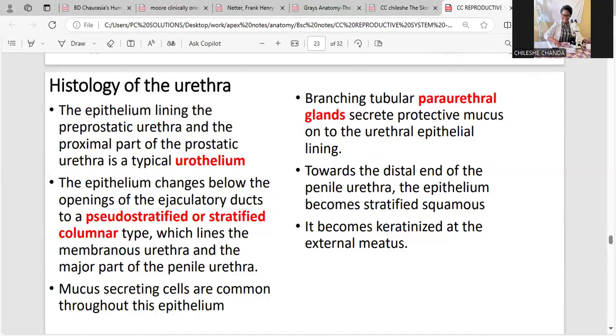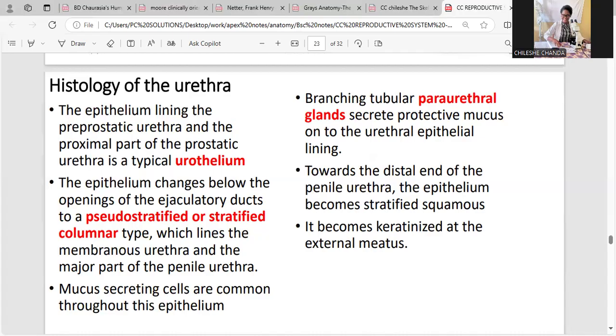We have several parts of the urethra, and so these several parts have different types of epithelia. The epithelium closer to the bladder, lining the preprostatic urethra and the proximal part of the prostatic urethra, is typical urothelium.